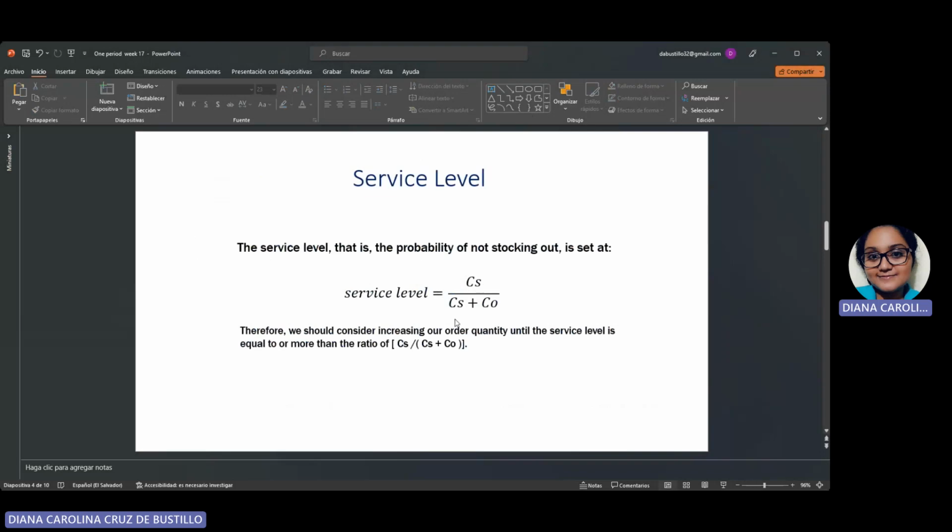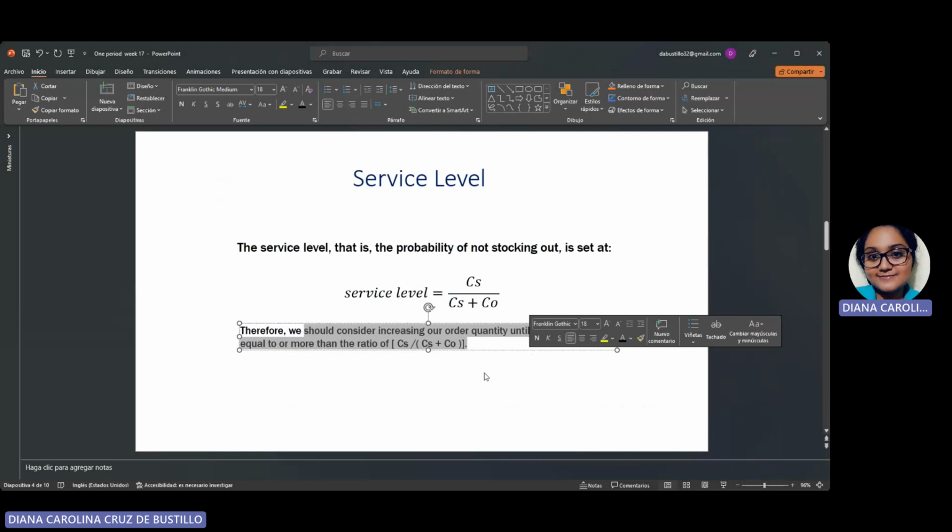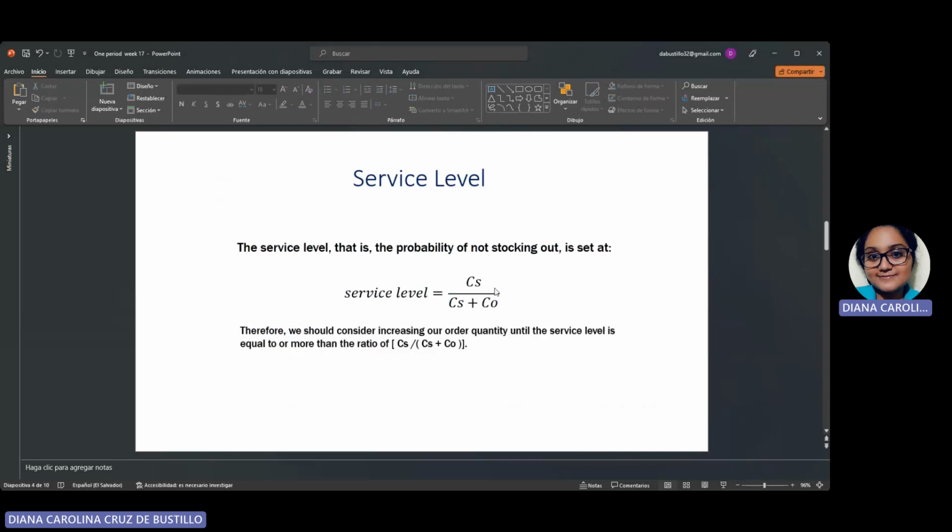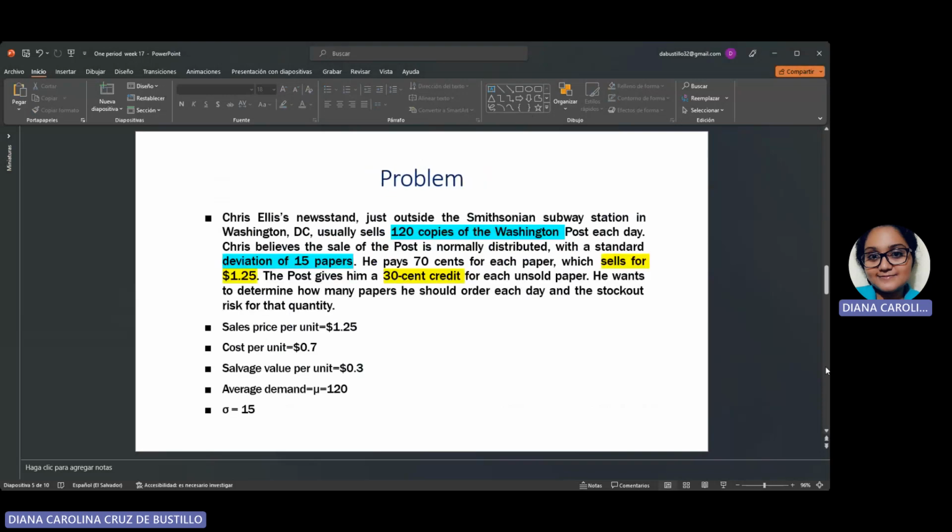Okay, this is a probability. And what you want to do is consider increasing your order quantity until your service level is this or more. Okay, let's just work on an example if you want.